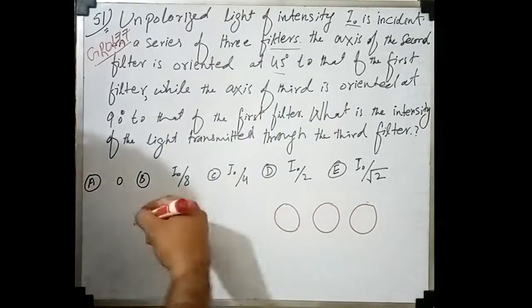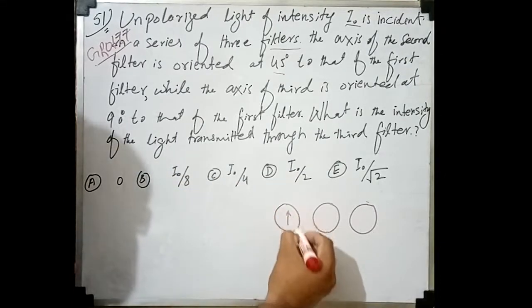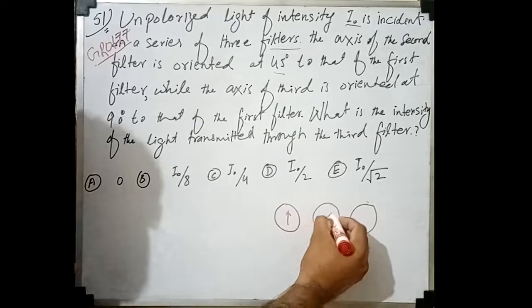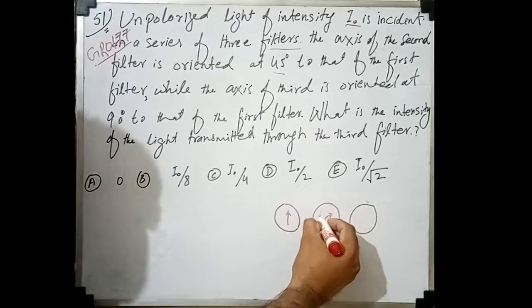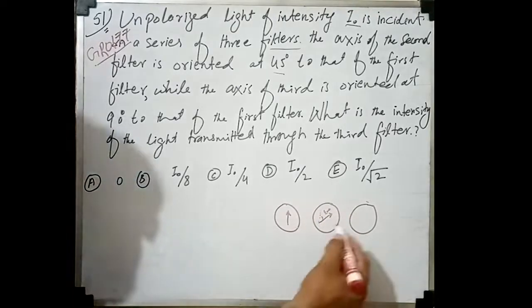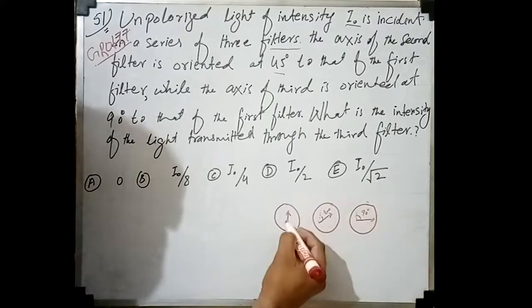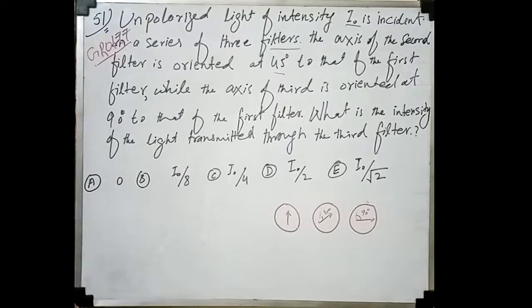Let the first filter be oriented in this position, then the second filter is oriented in this position, making an angle of 45 degrees with the position of the first one, and the third filter is oriented in this position, which makes an angle of 90 degrees with reference to the first filter.